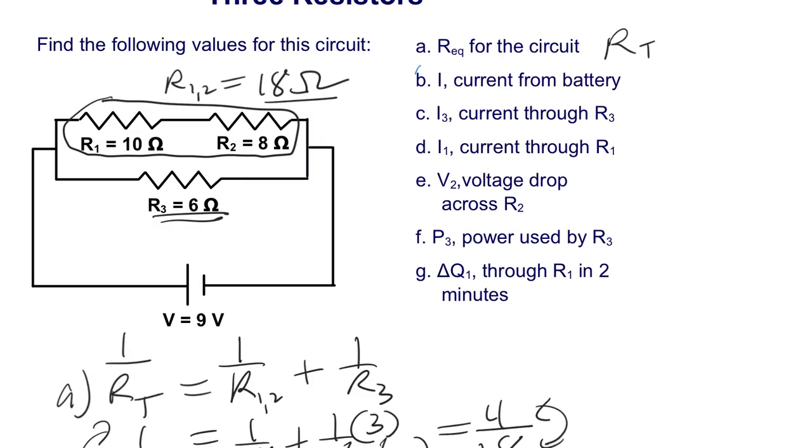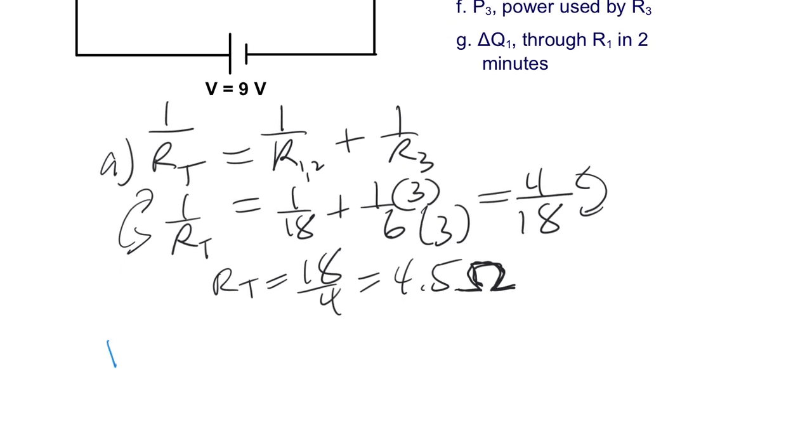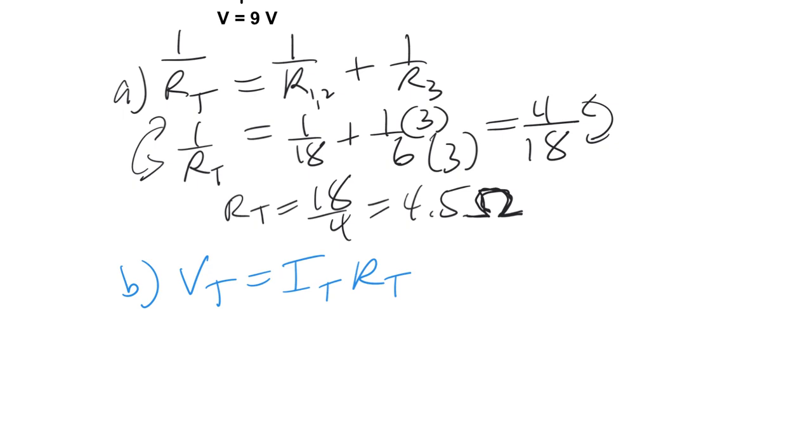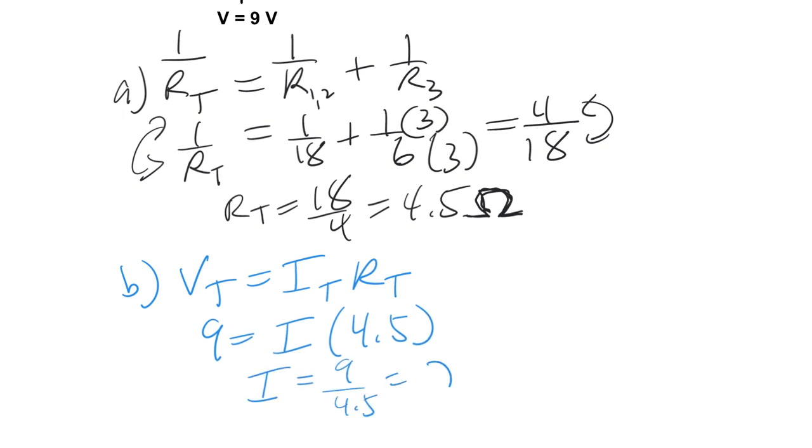Okay, next, let's find the current from the battery. That'd be the total current. So that's kind of easy. VT, use Ohm's law. So 9 equals I times 4.5. I equals 9 divided by 4.5, which is equal to 2 amps.